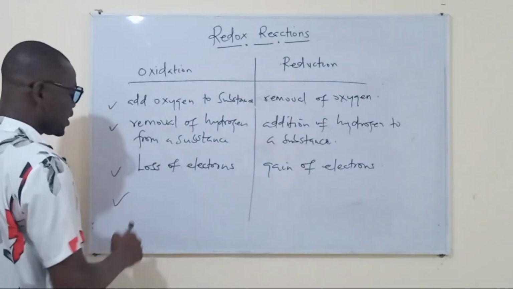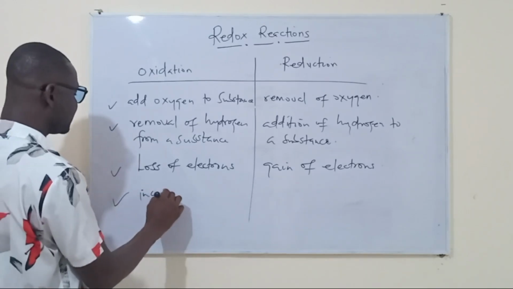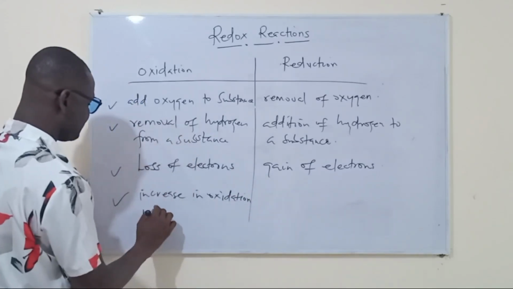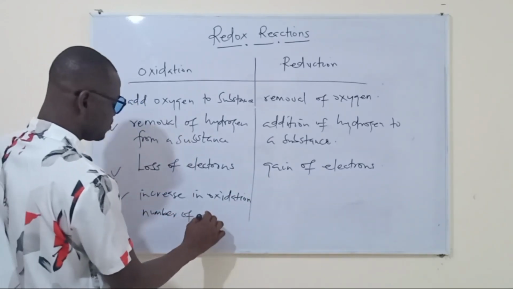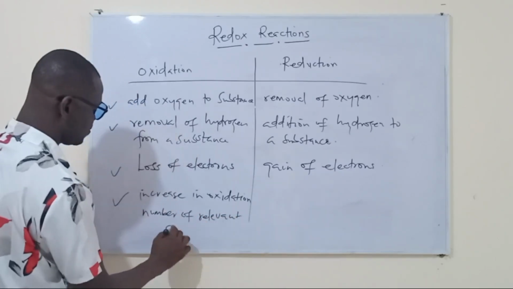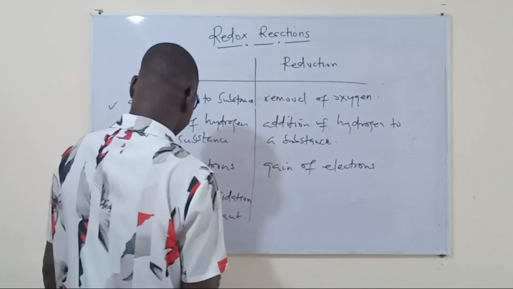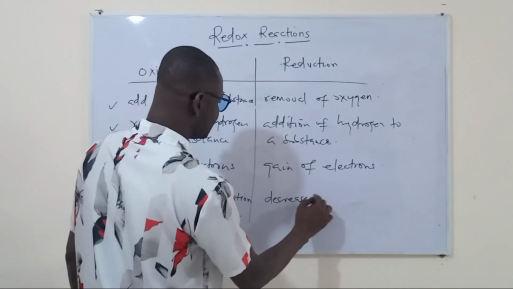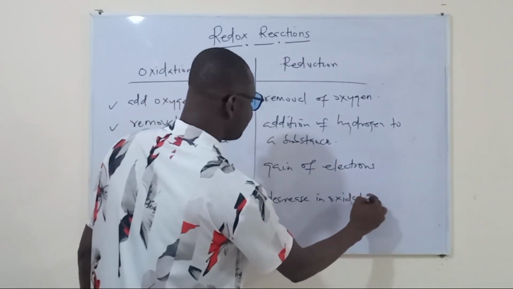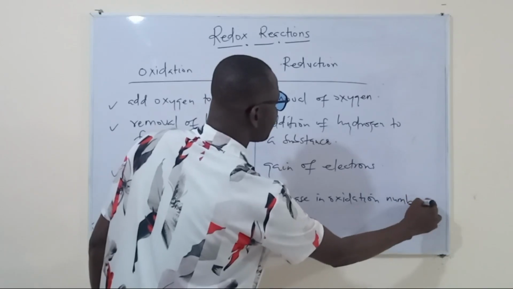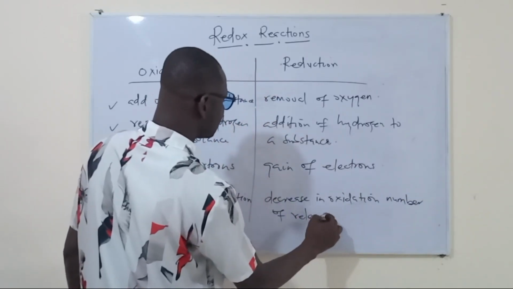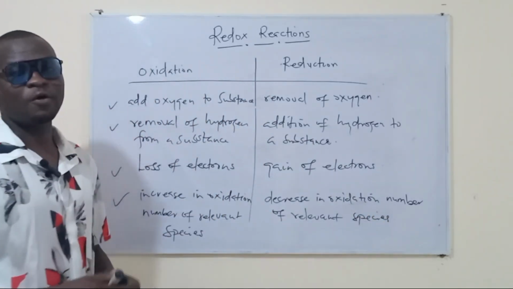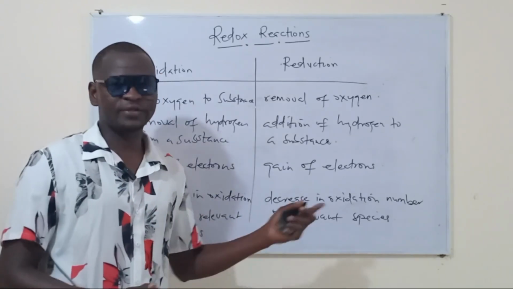Oxidation can also be defined as the increase in oxidation number of relevant species, whilst reduction is the decrease in oxidation number of relevant species. So these are the definitions for both reduction and oxidation.